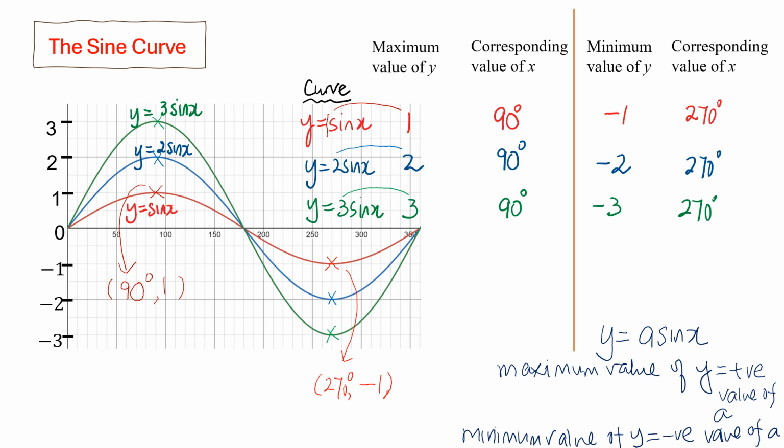The angle that corresponds to the maximum value happens at x equals 90 degrees, and for the minimum value, it happens at x equals 270 degrees. These are the basic information you have to remember. There's no other way. And you also need to remember the shapes of the sine curve.